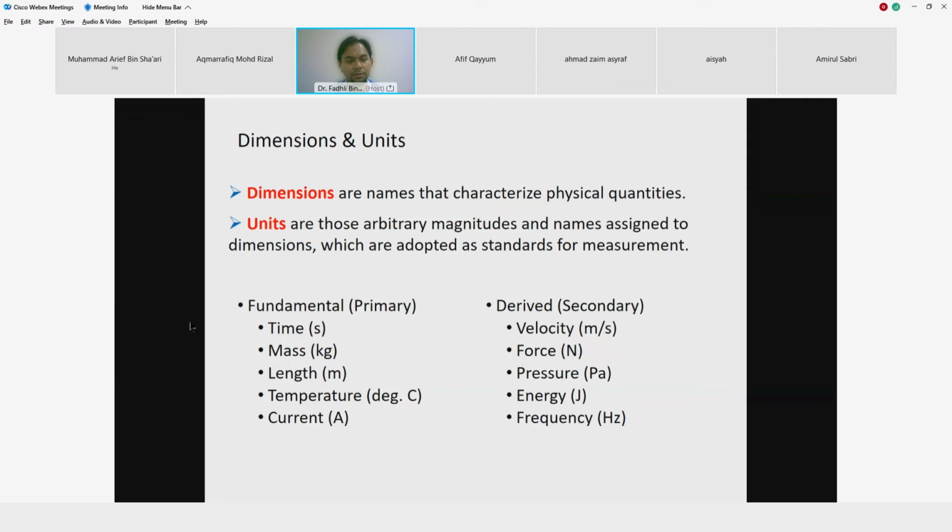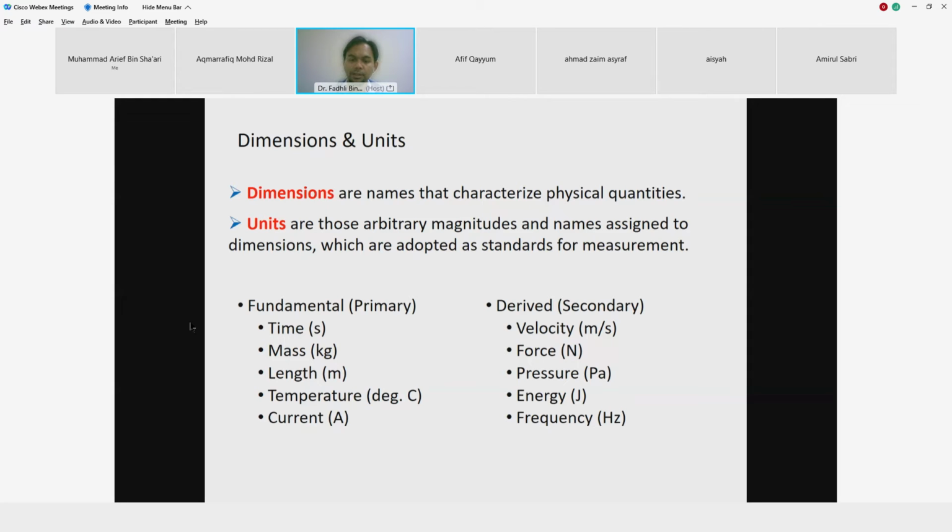For the fundamental or primary dimensions, they have only 5: time, mass, length, temperature, and current. But for derived, they have too many. Just listed 5 dimensions or units for the secondary: velocity, force, pressure, energy, and frequency.